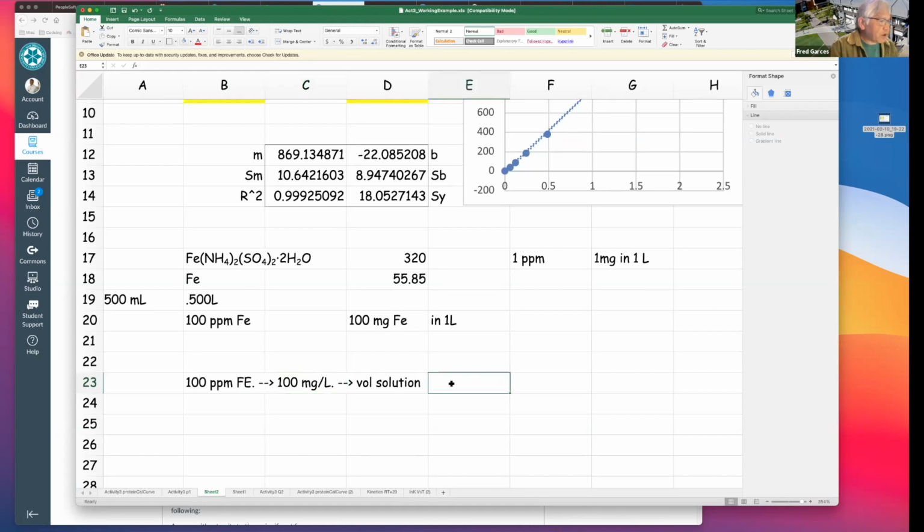Okay, so when you do this dimensional analysis, 100 milligrams of iron per liter times 0.5 liters gives you milligrams of iron. That's your result.